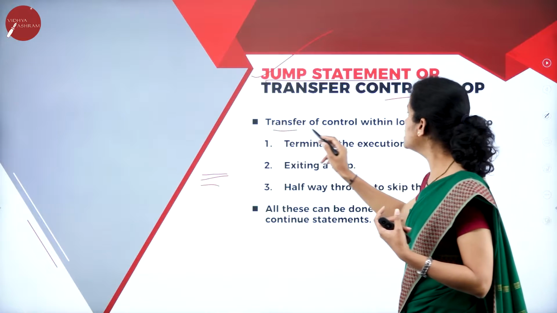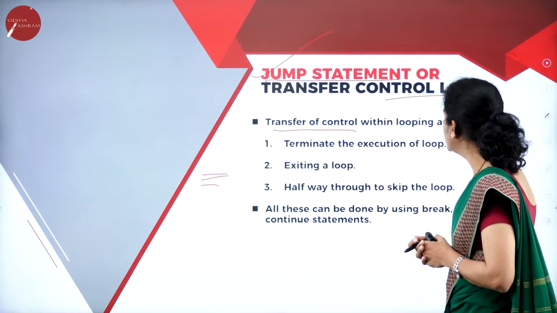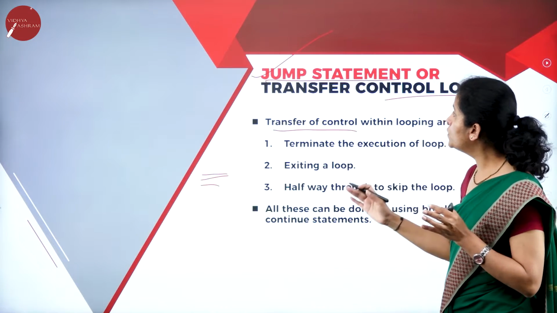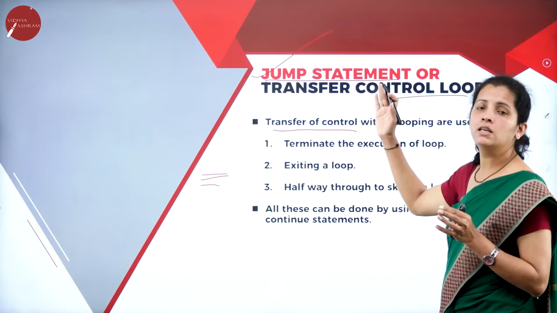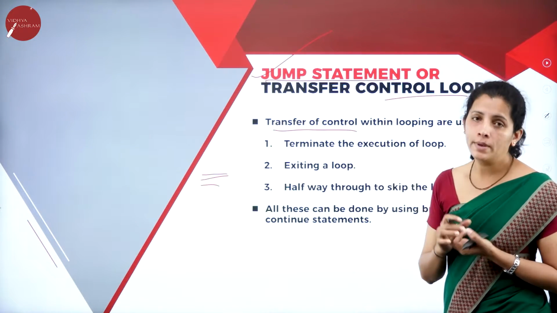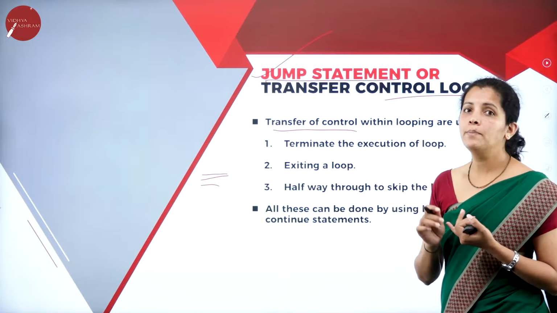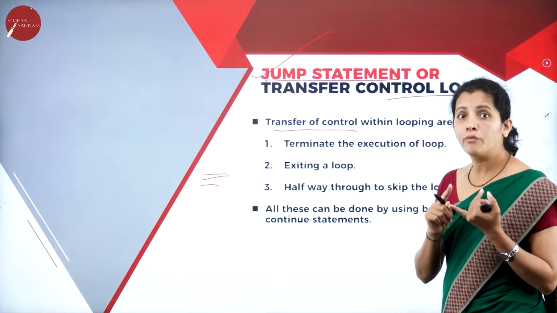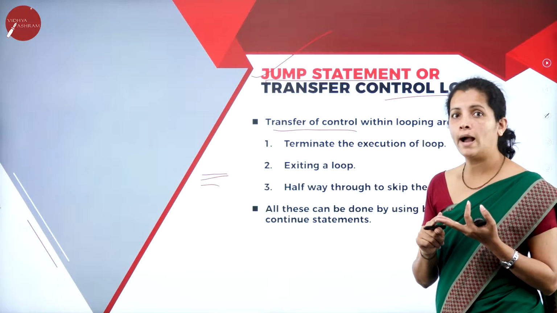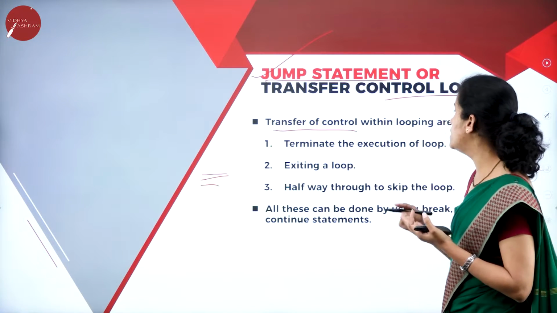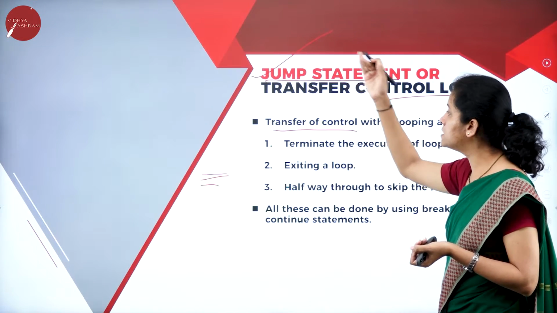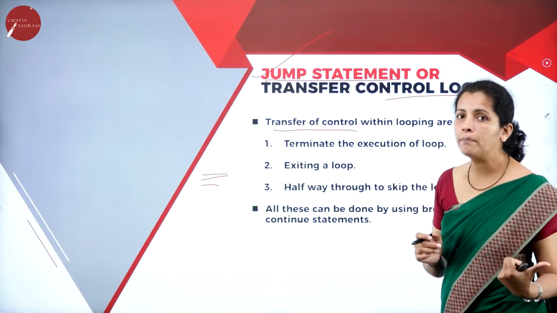So, the transfer of control within looping is used where I'm going to use my jump statement within the looping statement. That is, I can use the jump statements in for loop, while loop as well as do while loop.